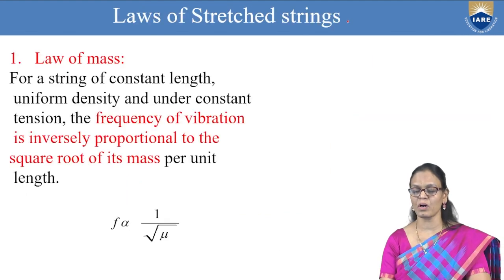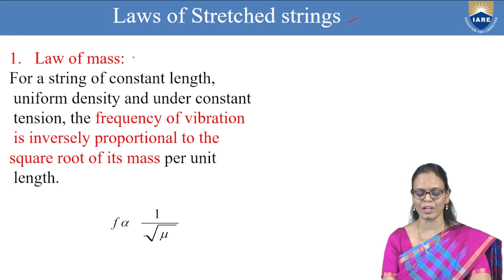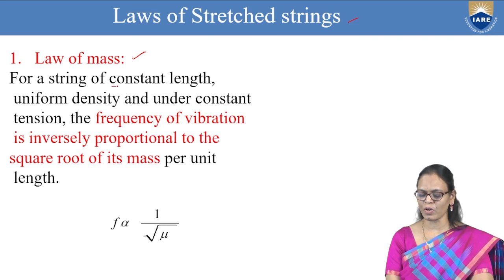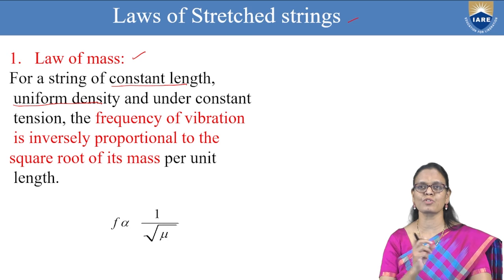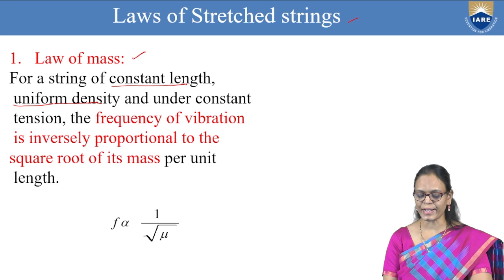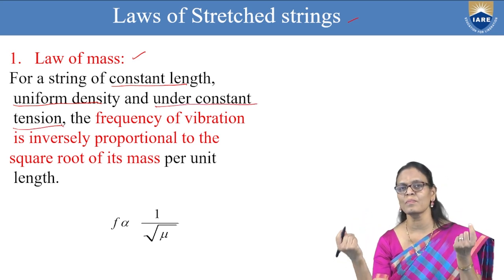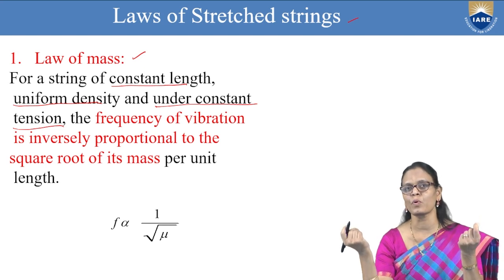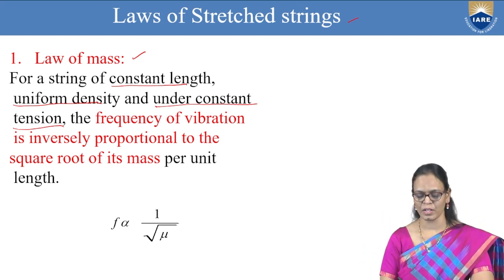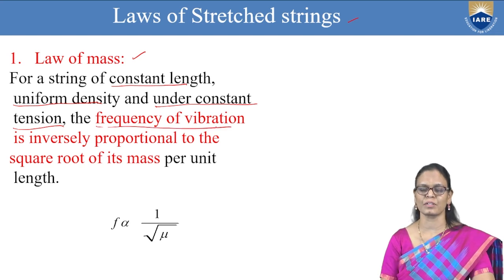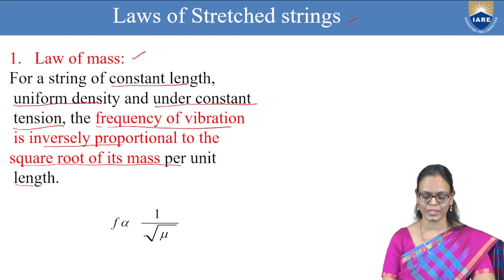If you have to write the laws of stretched strings, the first one is the law of mass. What the law of mass says is, for a string of constant length and uniform density, meaning it should be a uniform wire whose density is uniform throughout, and it is under constant tension, we are plugging the two ends to fixed supports so that there is some tension in the string, then the frequency of vibration is inversely proportional to the square root of mass per unit length.